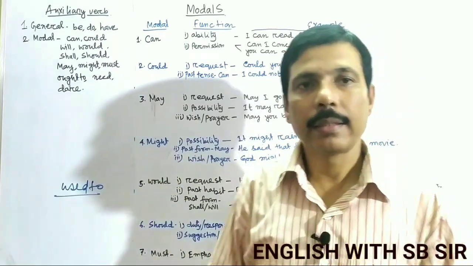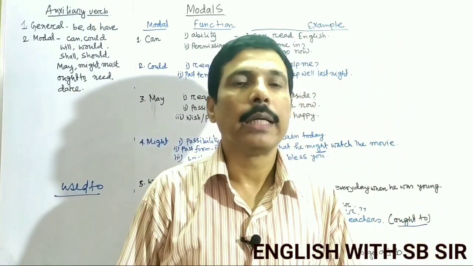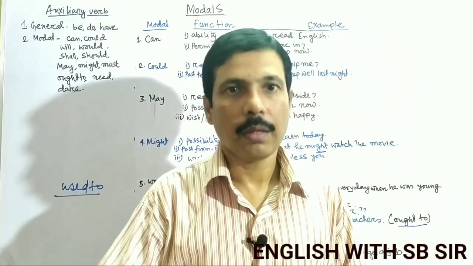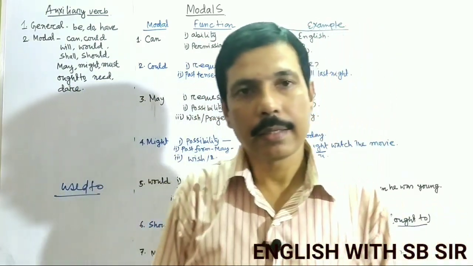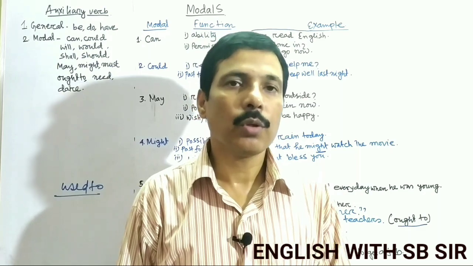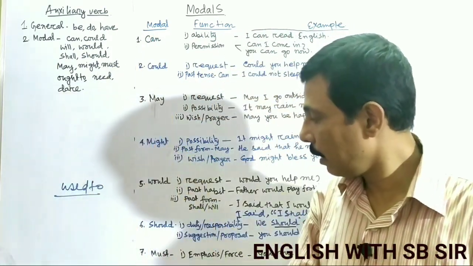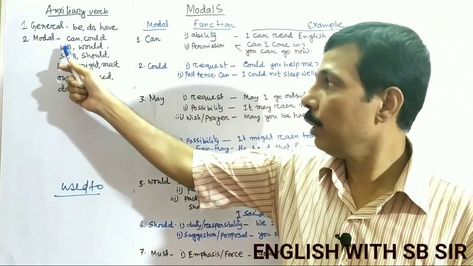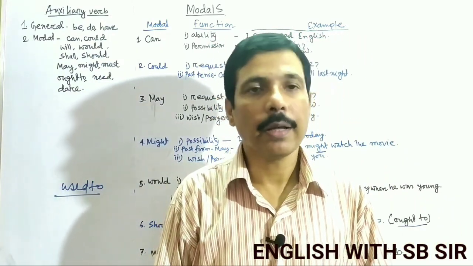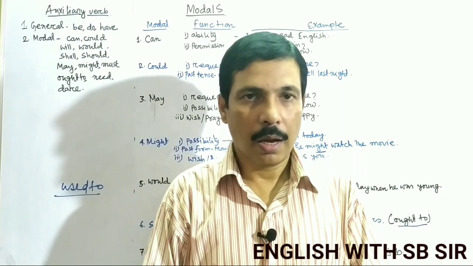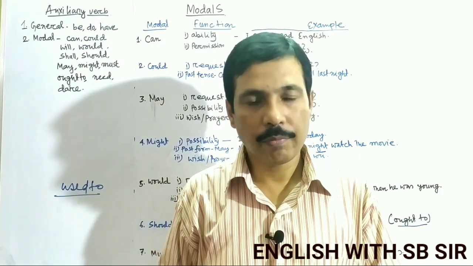Need and dare I have not discussed in this video. In the next video I will discuss need and dare. These nine modal auxiliaries are very important. I think you must understand after viewing the video.